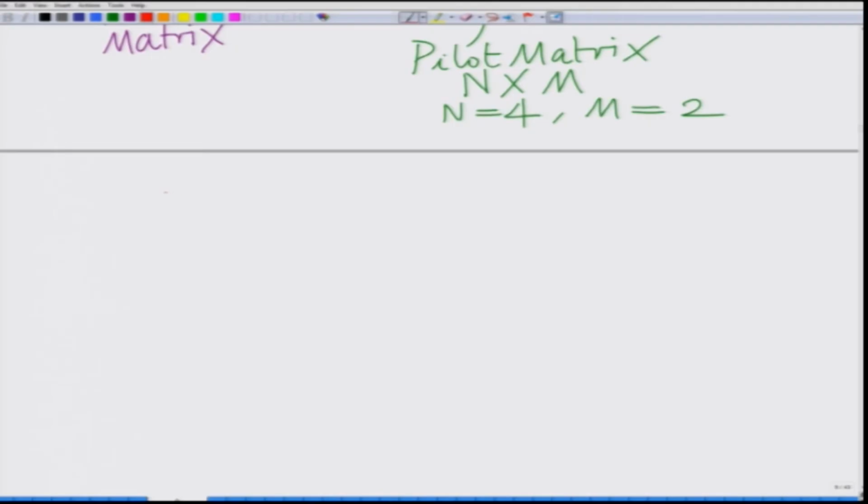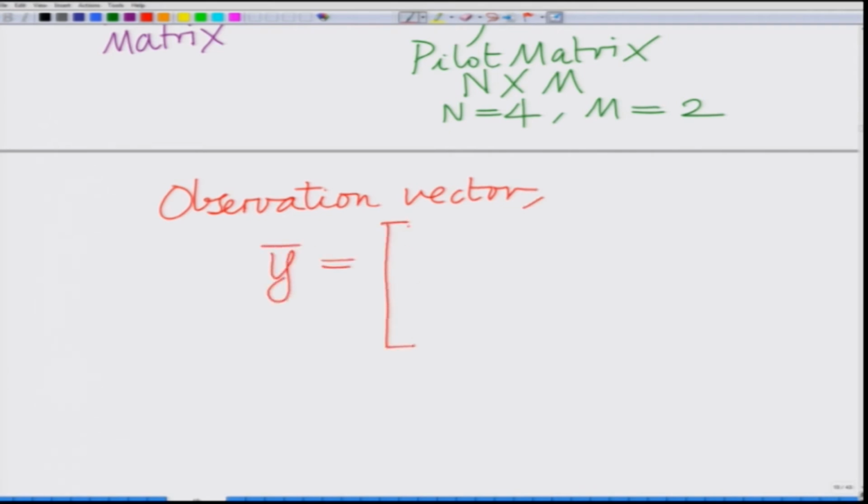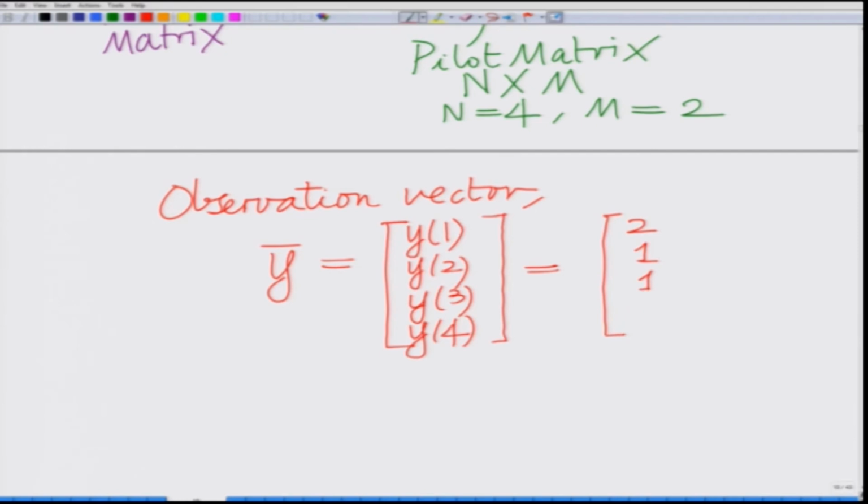Next, we form the observation vector y bar equals y1, y2, y3, y4, which is basically your 2 1 1 2.